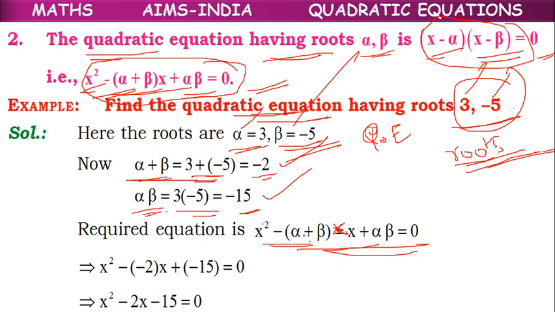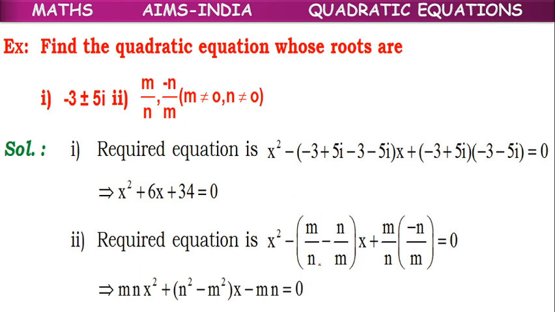X square minus, what is the sum of roots? Minus 2. What is the product of roots? Minus 15. So minus into minus is plus: x square plus 2x minus 15 equals 0. Like this, if we know the roots, automatically we can find the equation, or if we know the equation, we can find the roots.